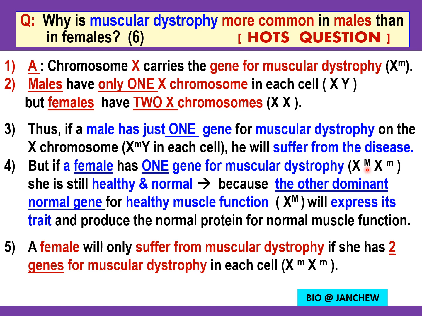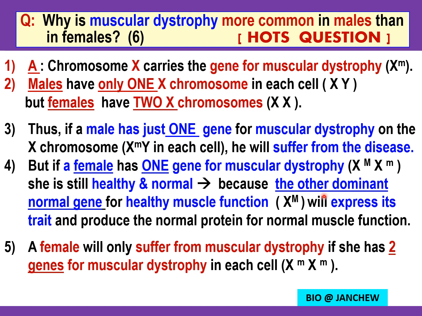So this is the gene that most people will have. Although she has one gene for muscular dystrophy, she still has the normal gene on her other X chromosome that will save her.